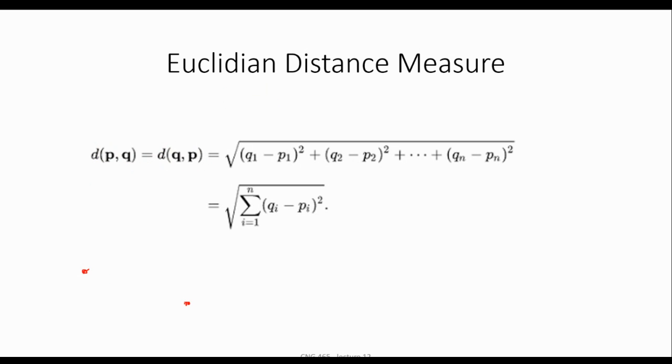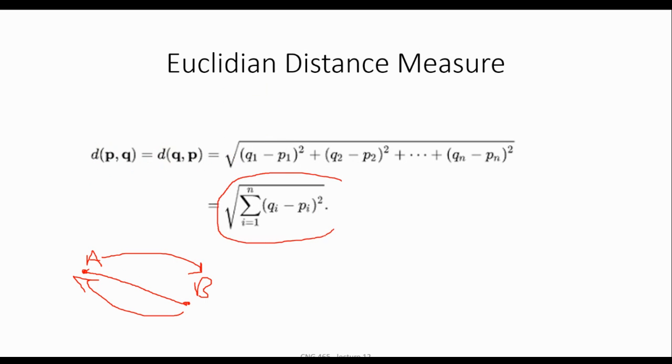Also, if you have two points, this is A, this is B, this is the distance between them. So obviously the distance from A to B is exactly the same as the distance from B to A. Now, in order to find the final answer, this is familiar to you now.